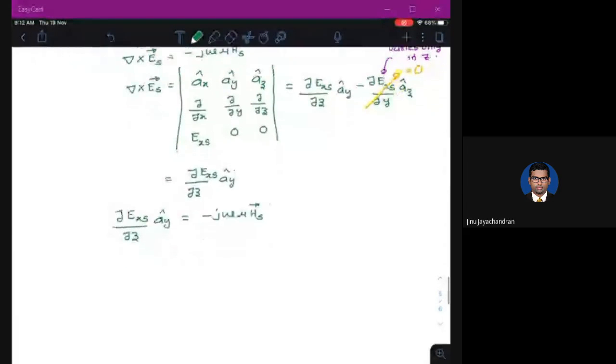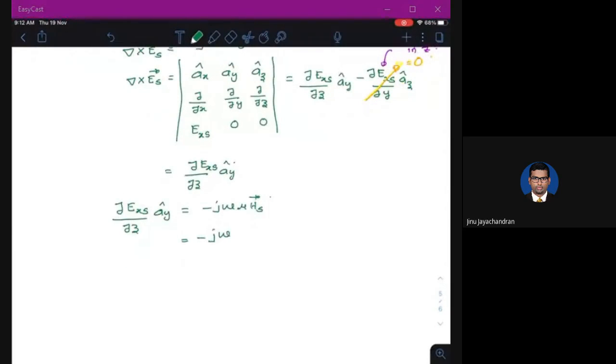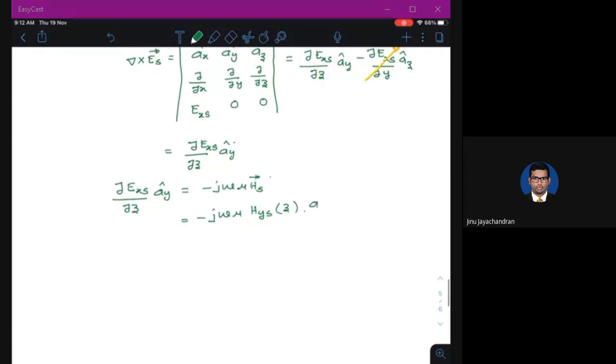Now HS we already know the equation. Minus j omega mu HS is HYS of Z AY cap, where HYS also we know, is H0 e raised to minus gamma Z AY cap. Okay.